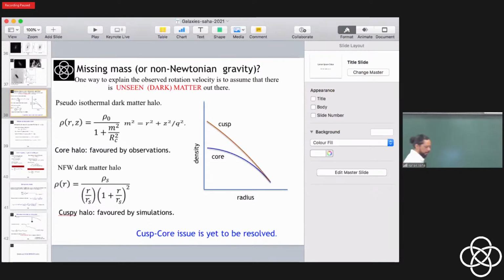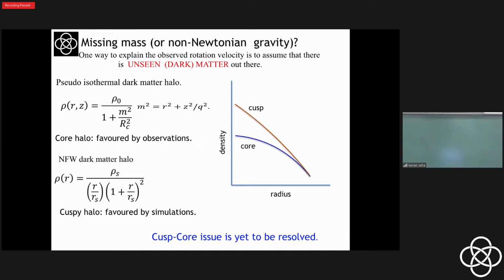Okay. Good morning, students. I hope you can see my screen here. I sort of stopped here, saying that the galaxy has stars, gas, and also the dark matter in terms of the dark matter halo around the galaxies, which contain most of the baryons.